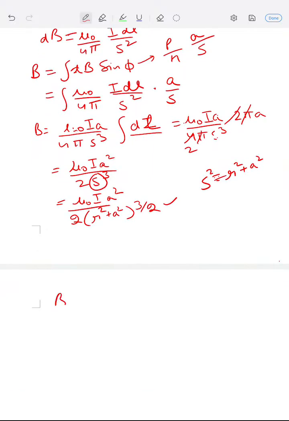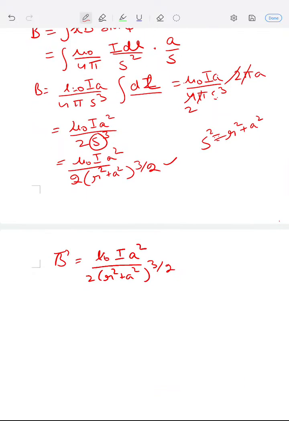Now we write it in vector form: mu 0 I a square upon 2 (r square plus a square) to the power 3 by 2. If there are n number of turns, then B vector equals mu 0 n I a square upon 2 (r square plus a square) to the power 3 by 2.